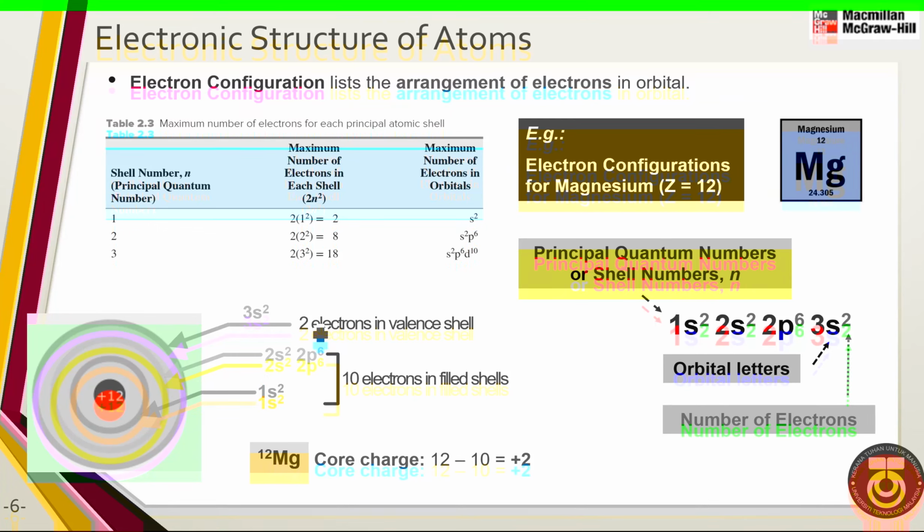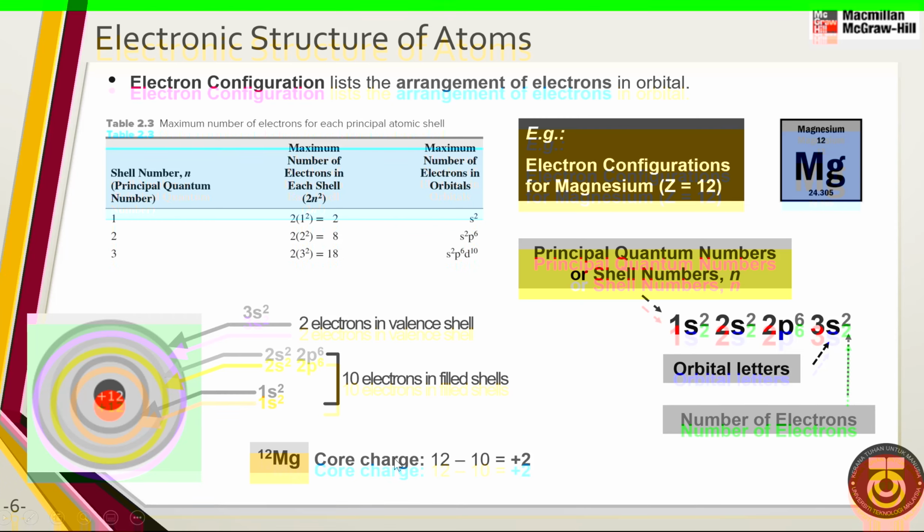Then we are remaining with 2 electrons in the valence for the third shell. So that's why we only have 3s2. If we write down the arrangement of electrons in magnesium, it should be 1s2, 2s2, 2p6, according to this table, and also 3s2, because we have only up to 12 electrons.